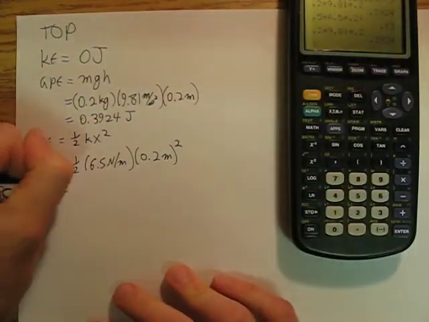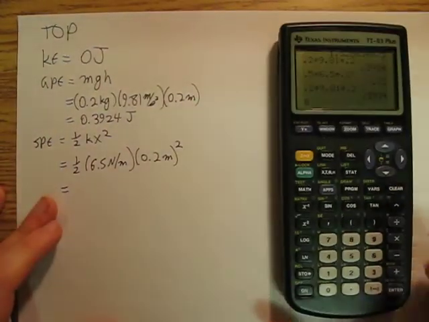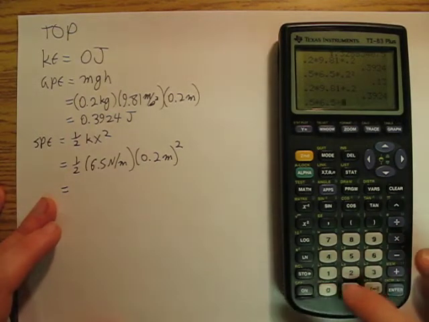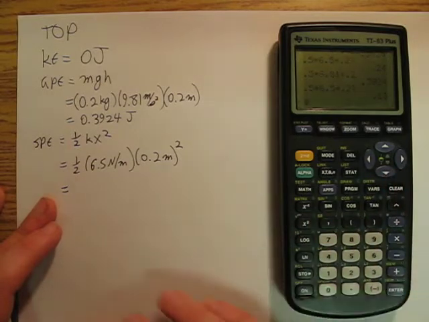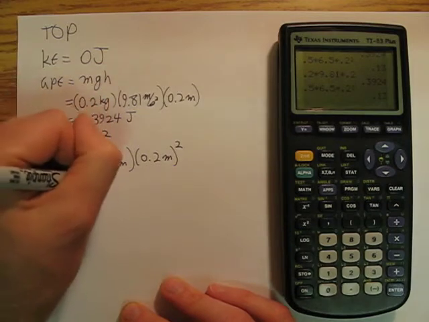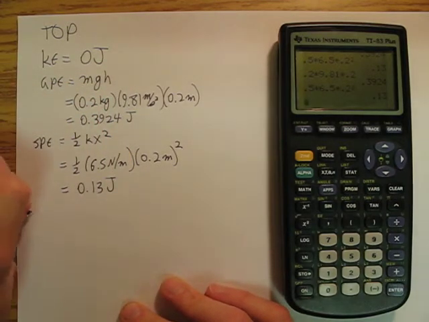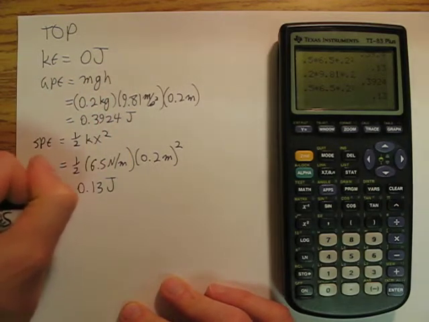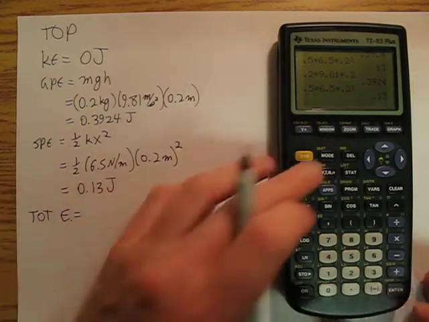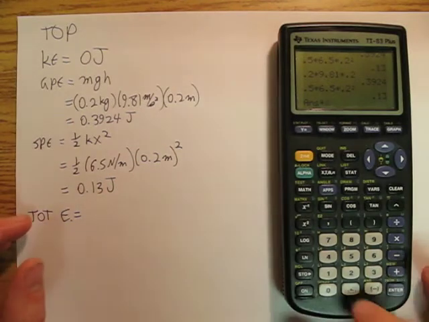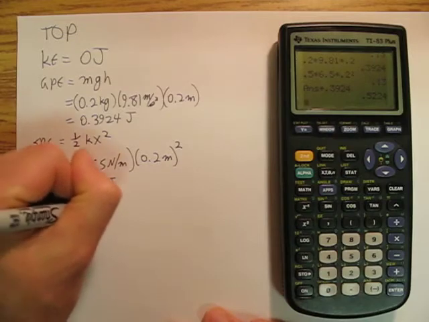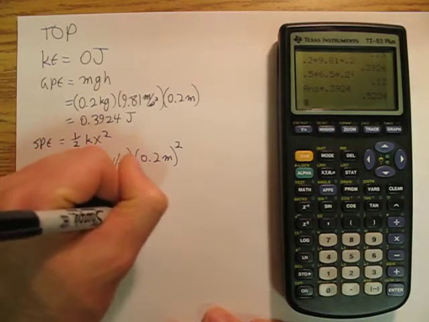So 0.5 times 6.5 times 0.2 squared is going to be 0.13 joules. And so my total energy is going to be that plus 0.3924, which is 0.5224 joules.